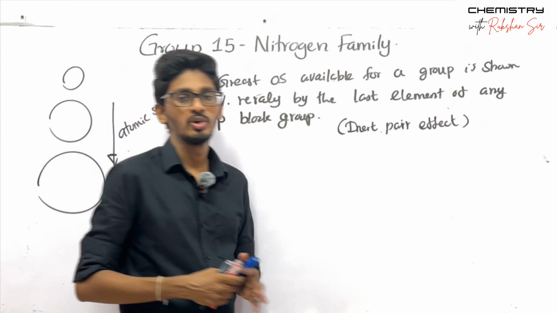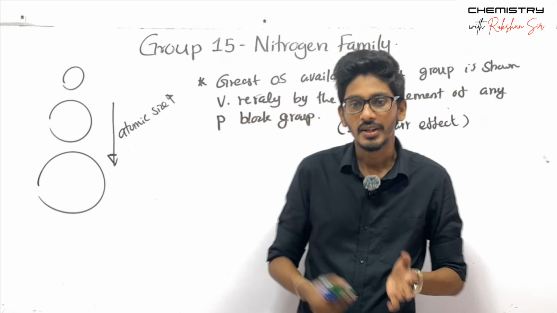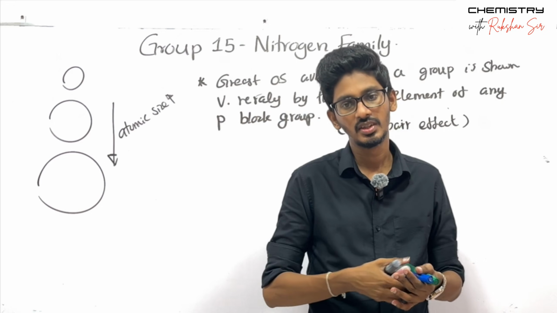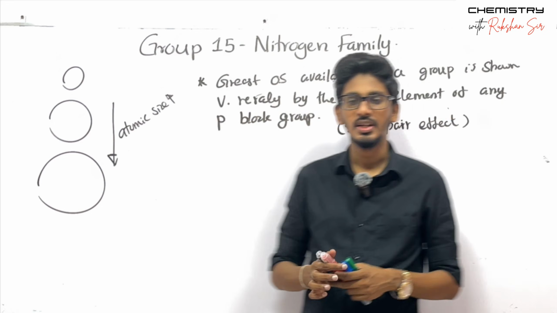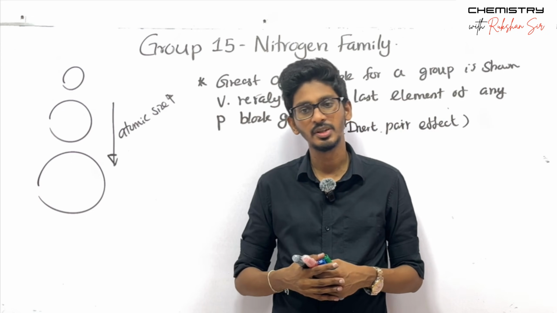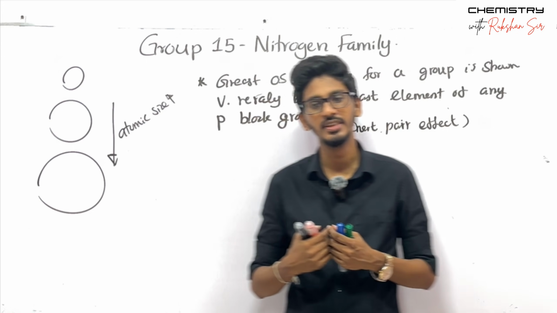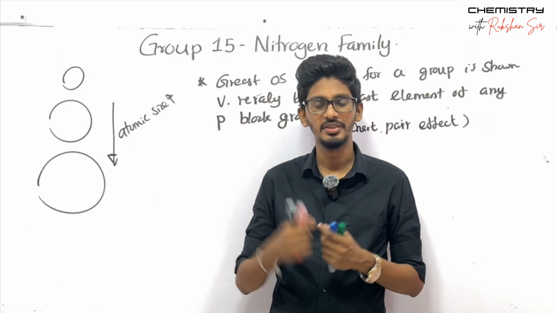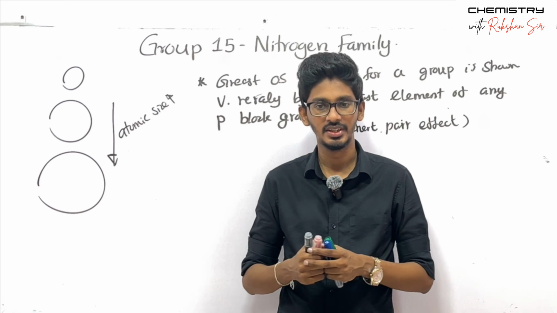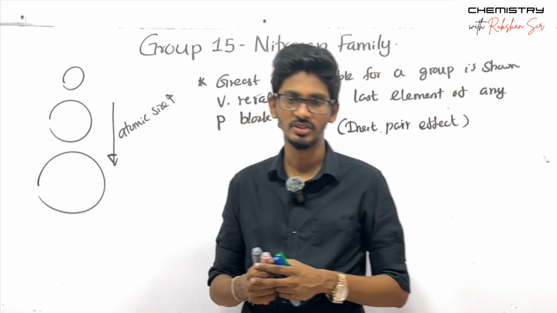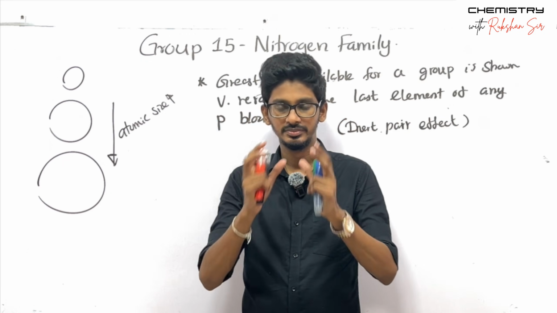Even though there are 5 elements in our group 15, basically this is all about nitrogen chemistry. In A levels, we are discussing all about nitrogen chemistry, not the other elements. Only one topic at the end of the section is about the other elements.